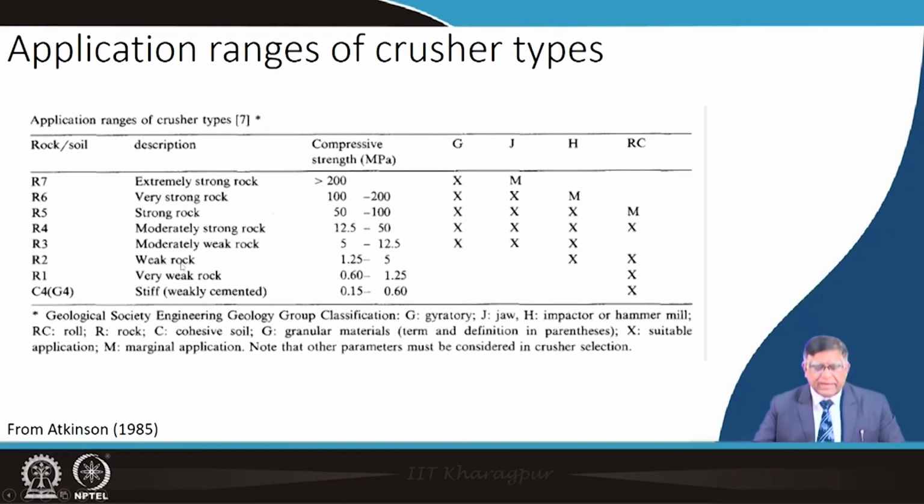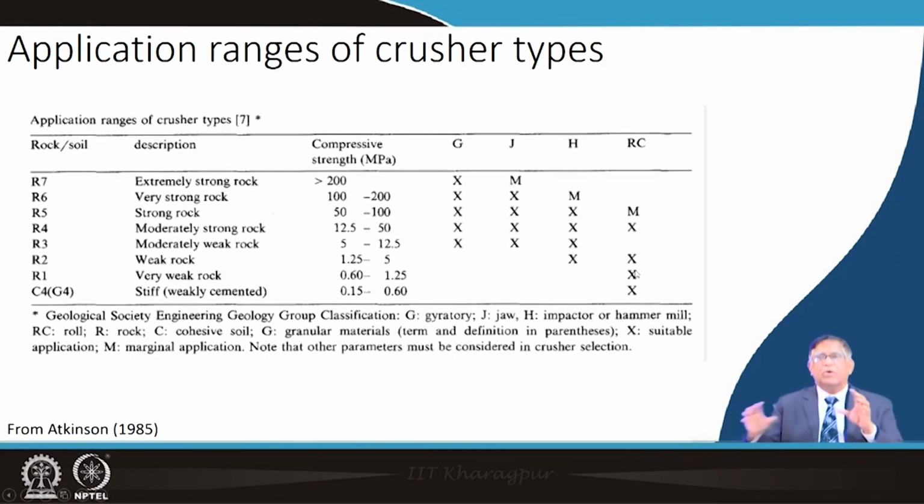But if it is a weak rock, with compressive strength of just 1.25, that is very soft rock, then you need not go for those crushers, you can use only an impactor or a hammer mill, which we discussed in the crusher section. For even weaker rock you can use roll crushers.